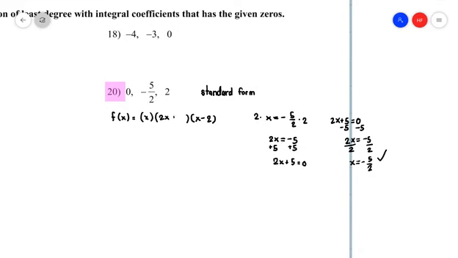So 2x plus 5. Remember, we want it in standard form, so I have it in factored form there, and I'm going to multiply out my polynomial. I'm going to multiply these two first because the easiest step is going to be multiplying everything by x, because we'll just increase every power of x by 1. So I'm going to take 2x plus 5 and multiply it by x minus 2.